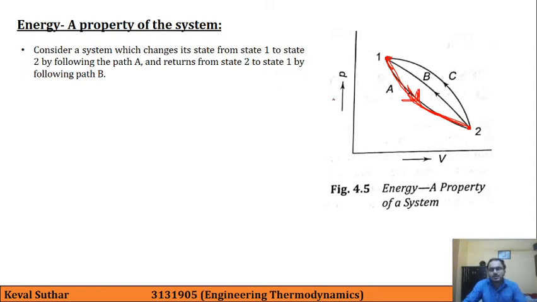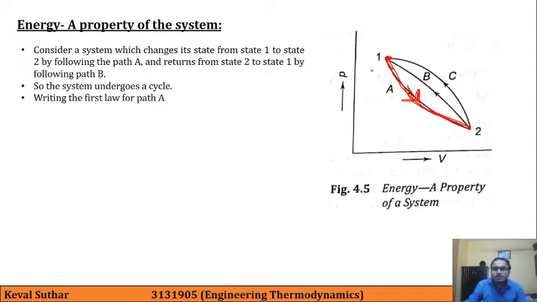Now the system undergoes a cycle. How? Let us say that from state 2 it follows path B to again reach state 1. So it will follow this path with this direction.